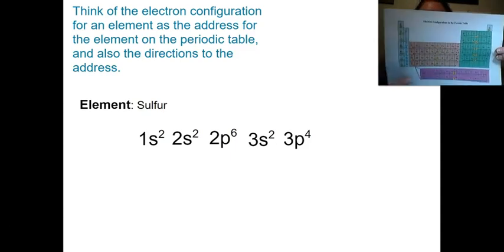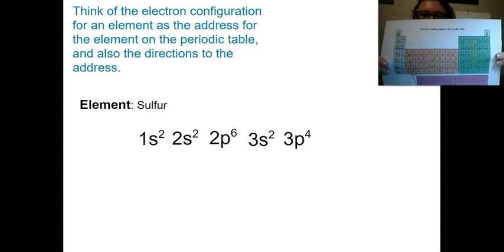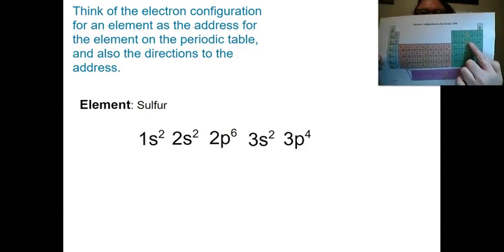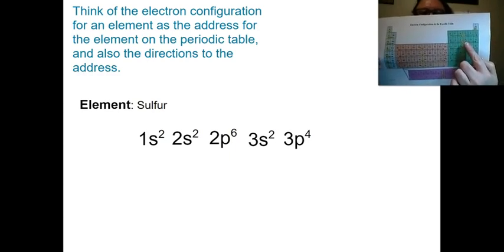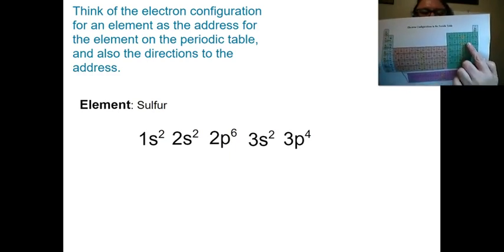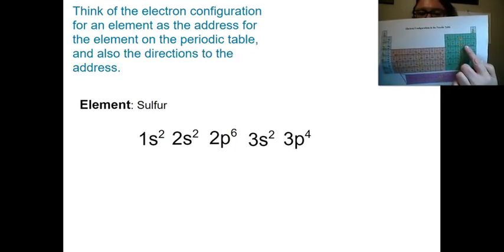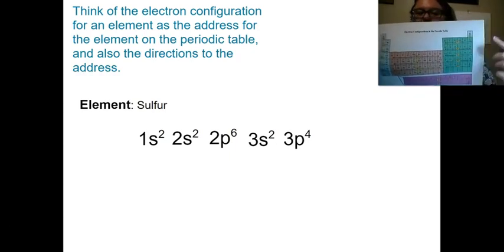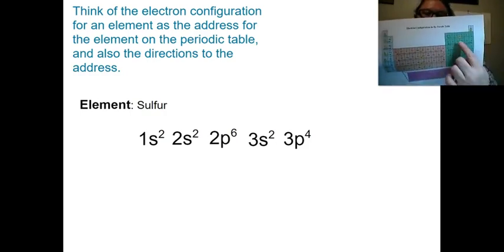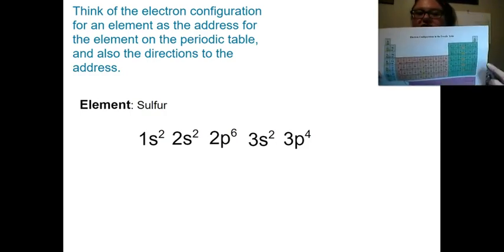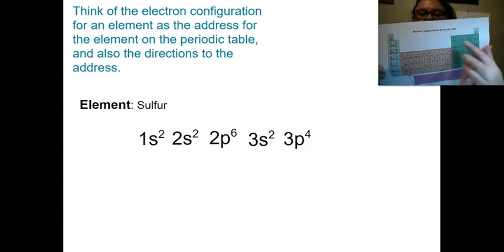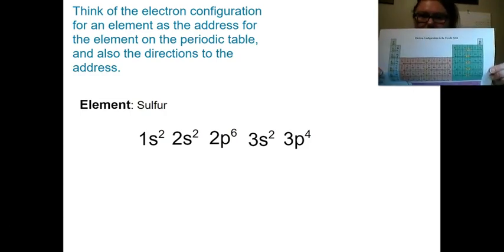So where is sulfur? Sulfur is right here. Okay, so what we want to do is give an address to all 16 electrons that sulfur has. Not all of them are in the same energy level. It's going to go in a certain order, and every element is done the same way.